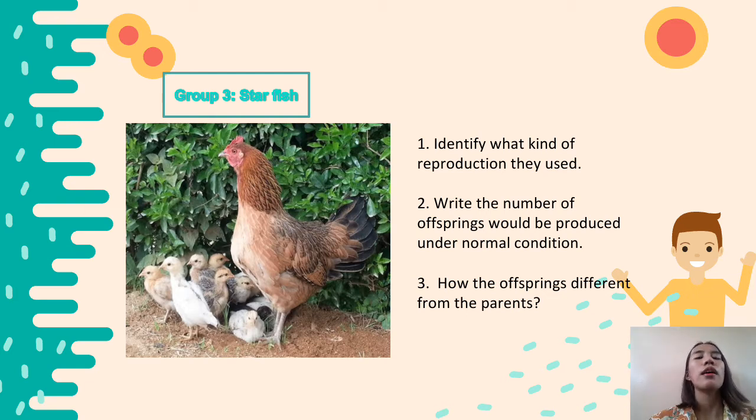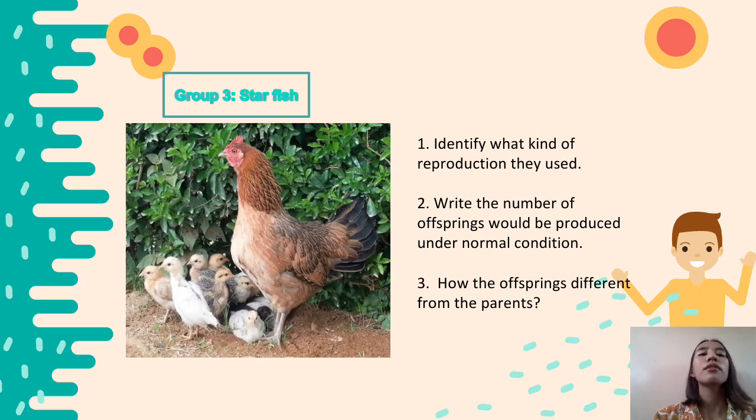So the fertilized egg will be released by the hen, and it will be incubated and kept warm by the hen. So that is the way of reproduction of chicken.